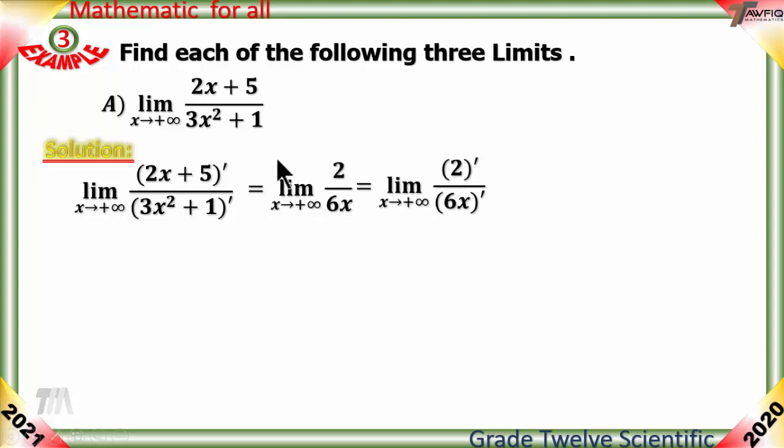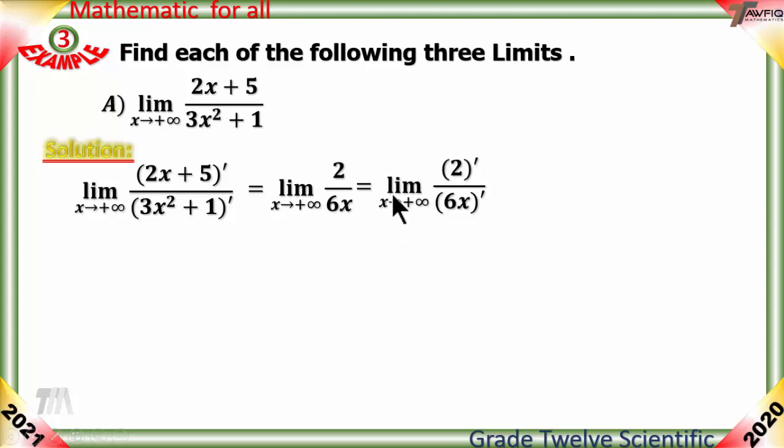And now by using the theory, it becomes 0, because we have a constant at the numerator and a function growing at the denominator, so it becomes 0.